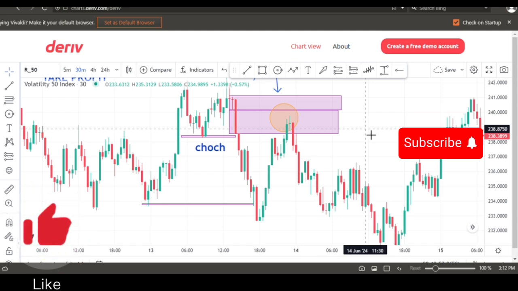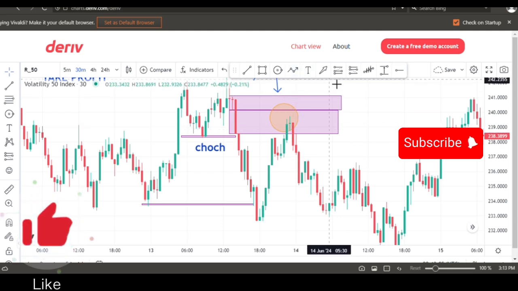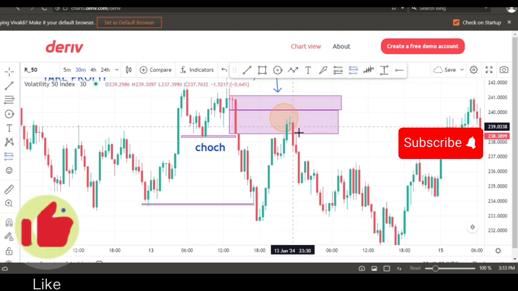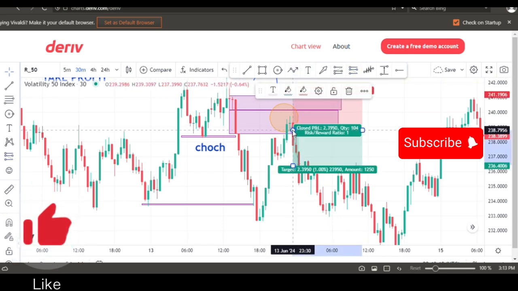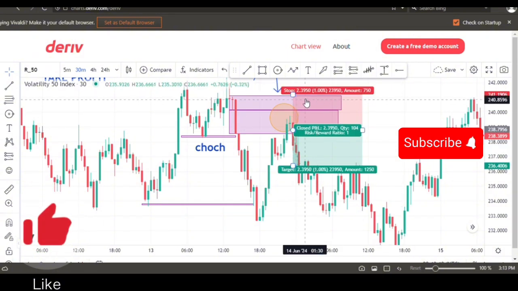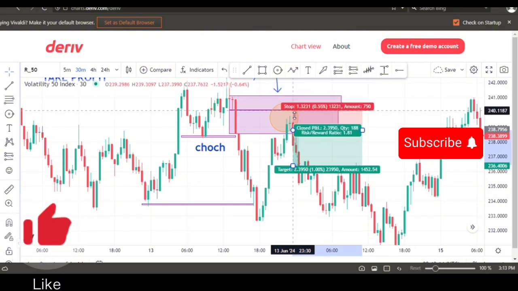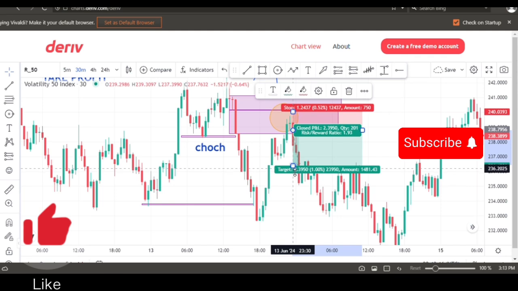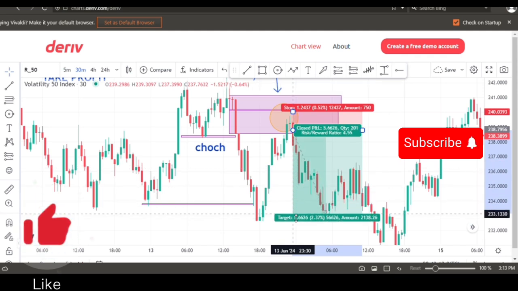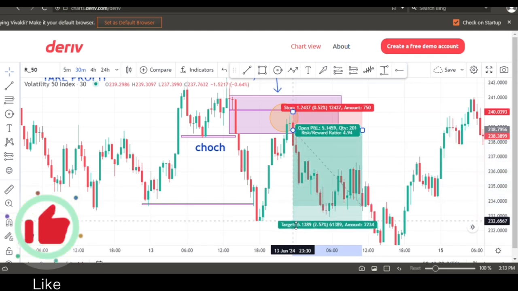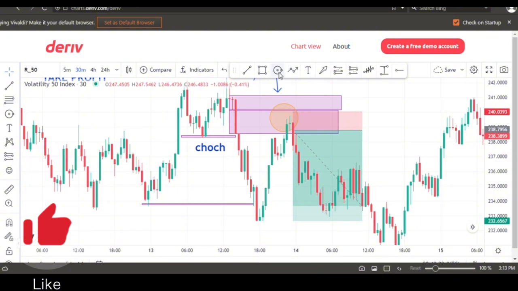Just enter the trade or wait in the 5 minutes time frame to get a change of character and sell. Maybe after getting the change of character here, put your stop loss above the last high and you take profit at the last low right here.